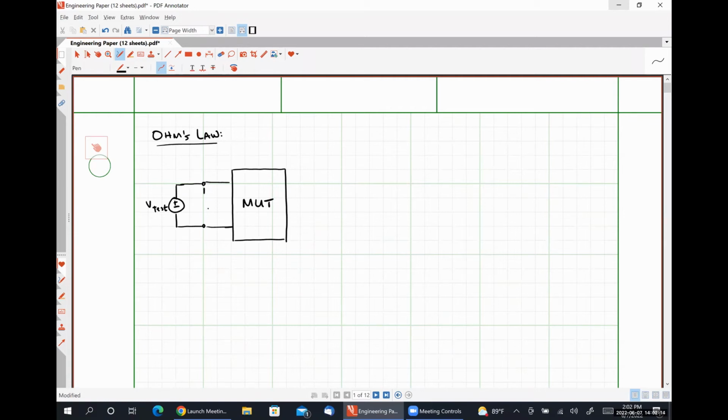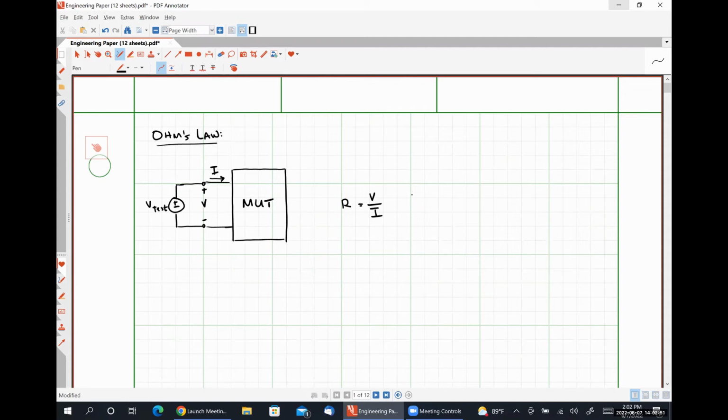And what he did was he measured the voltage drop across the material, and he measured the amount of current flowing into the material. And he found that there is a linear relationship between these two quantities, which he called resistance, where the resistance of the material under test, R, is given by the voltage drop over the material divided by the current flowing through the material.